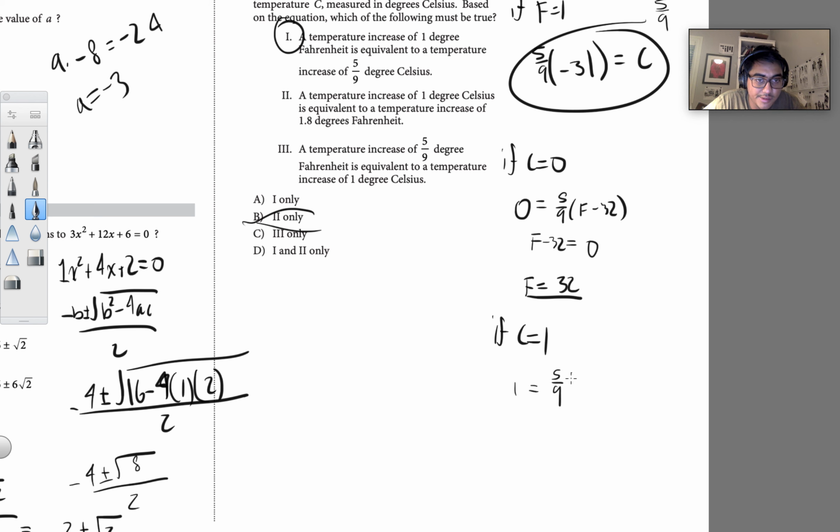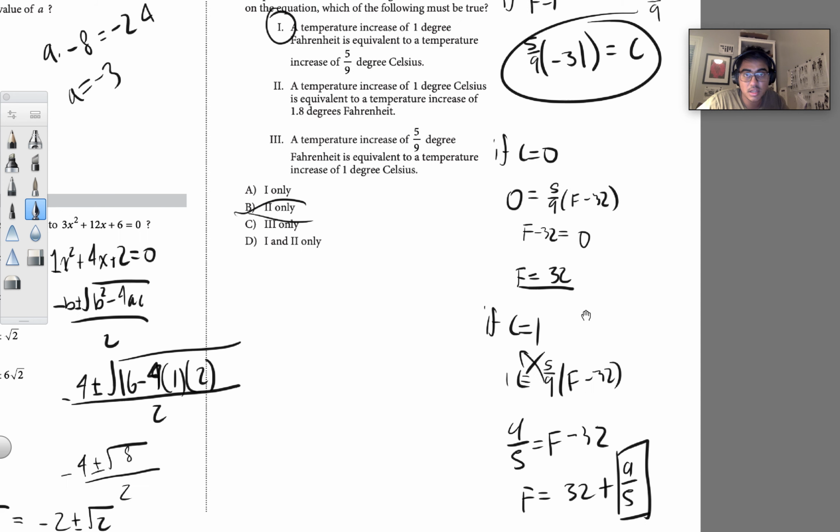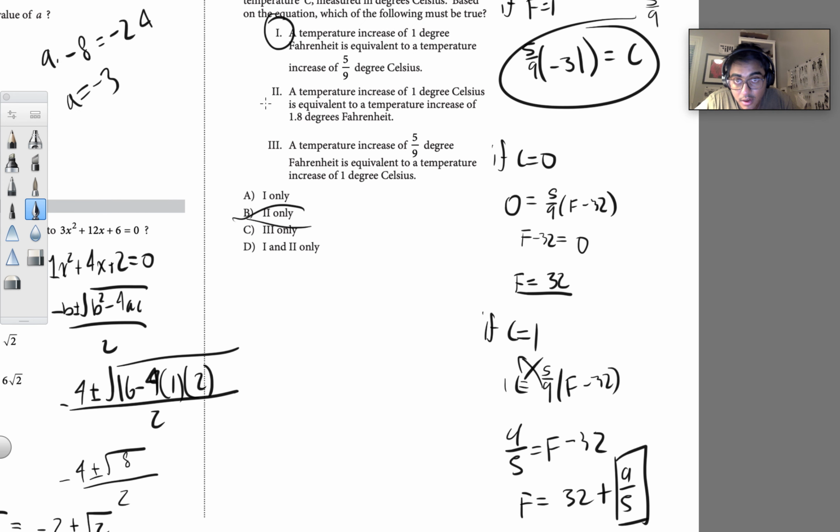So if 1 is 5 over 9 times f minus 32, multiply the 9 over and divide the 5 down. So it'll be 9 over 5 is equal to f minus 32, which means f is equal to 32 plus 9 over 5. So yes, there is an increase of 1.8 degrees Fahrenheit.